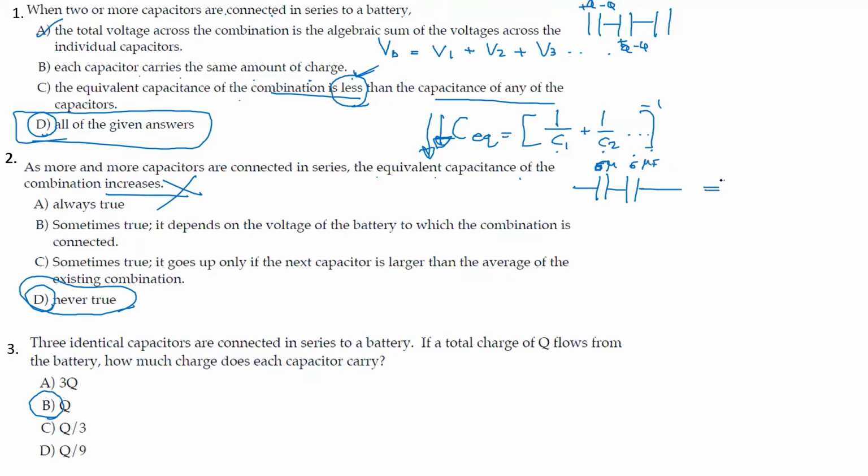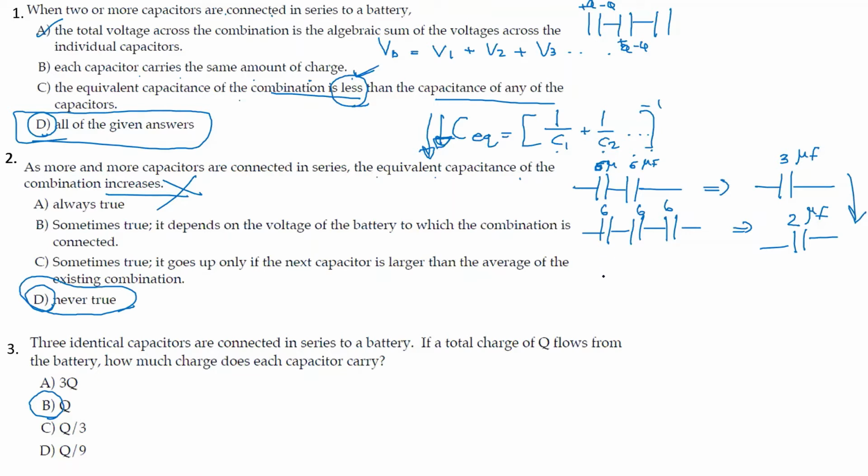So this will give you an equivalent capacitance of 3 microfarads. Okay. If you have 3, it will give you 2 microfarads. So even if you have the same value capacitors, when there are more and more, the equivalent value drops.